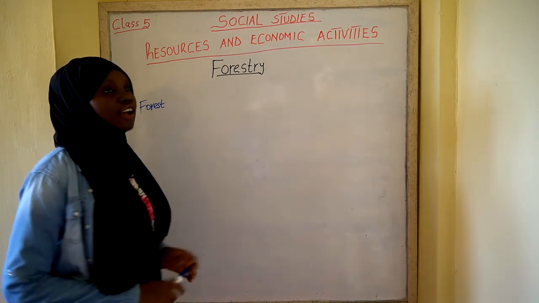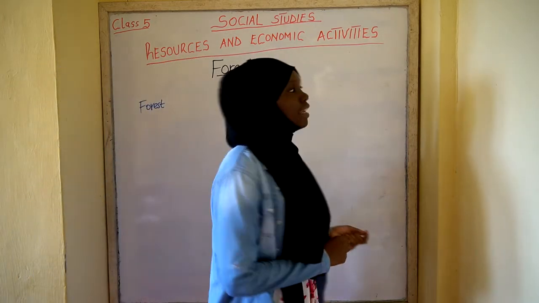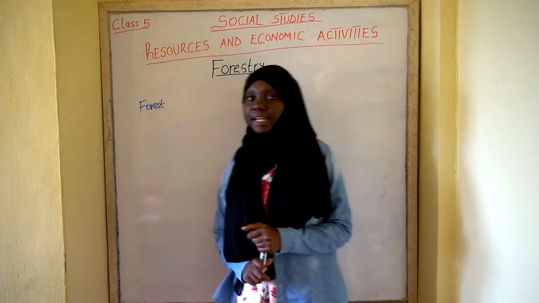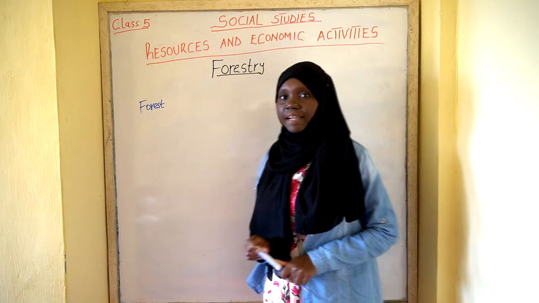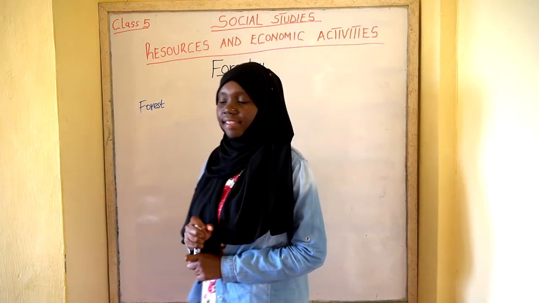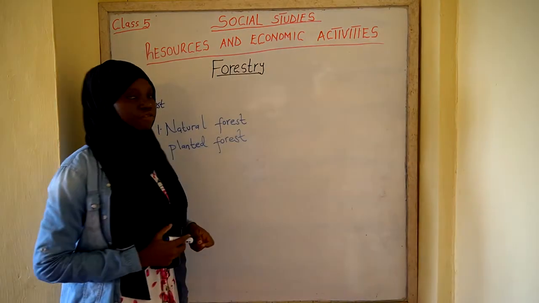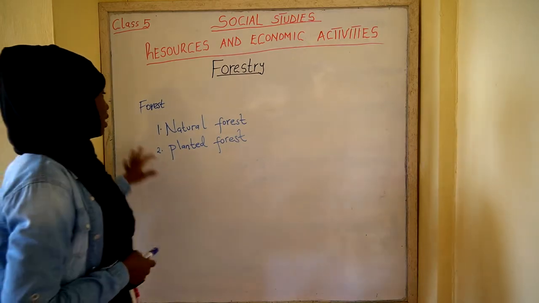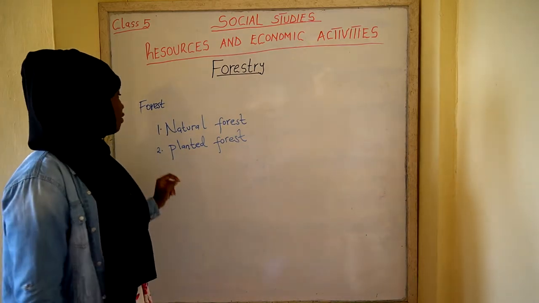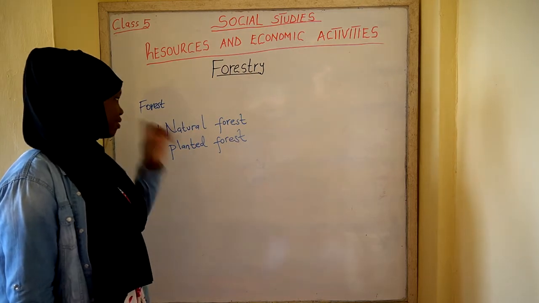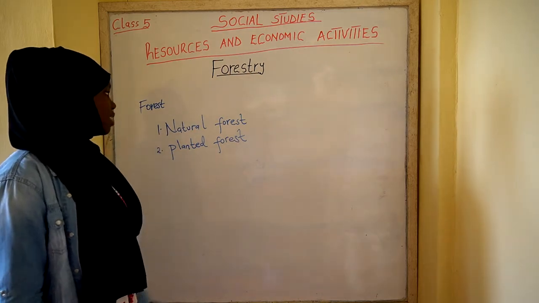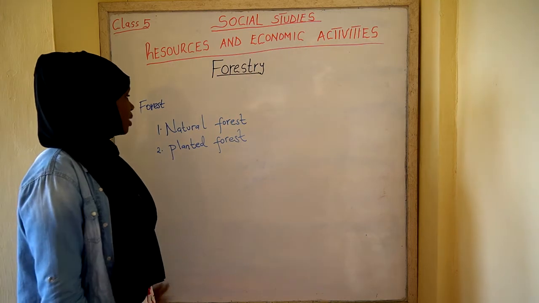So in short, forestry involves taking care of and managing forests and all other plants that are growing in that forest. We have two main types of forest, that is the natural forest and the planted forest. We are going to start with the first one, natural forest.